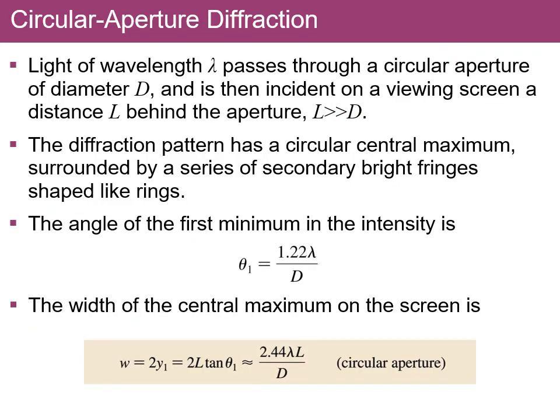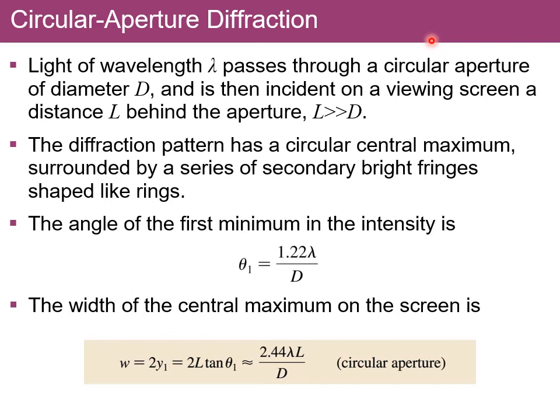Another common diffraction case is that of a circular aperture. Light of wavelength lambda passes through a circular aperture of diameter d and is then incident on a viewing screen a distance L behind the aperture. L is much, much greater than d. The diffraction pattern has a circular central maximum surrounded by a series of secondary bright fringes shaped like rings.